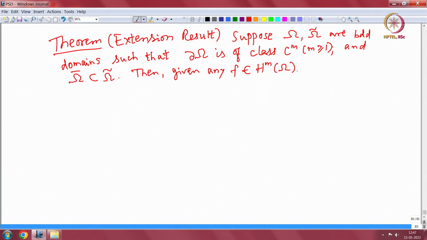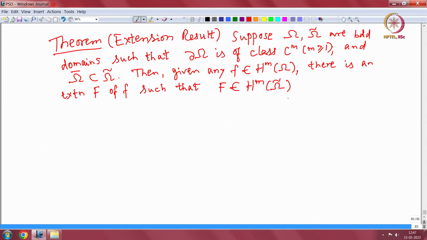Given any f in Hm, there is an extension F of f, little f, such that F is in Hm of omega tilde, and, more importantly for us, estimates.